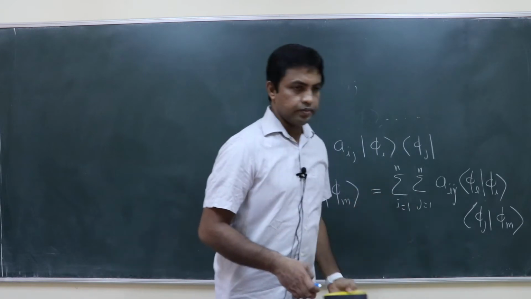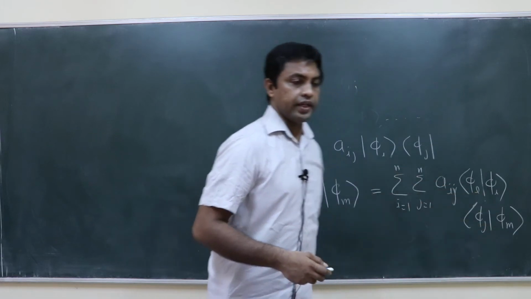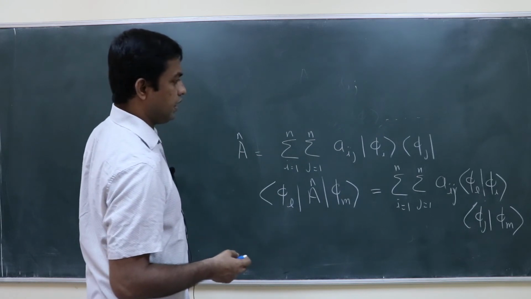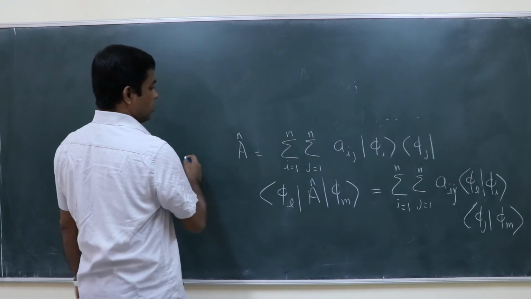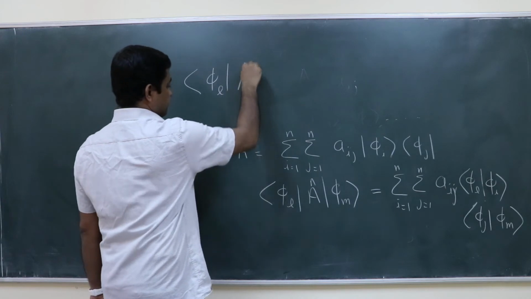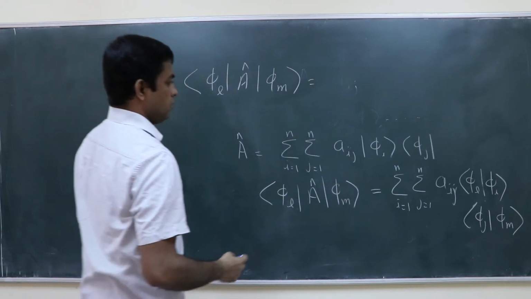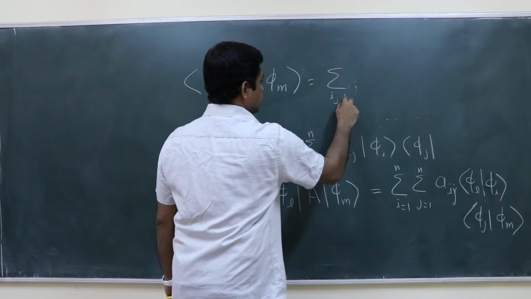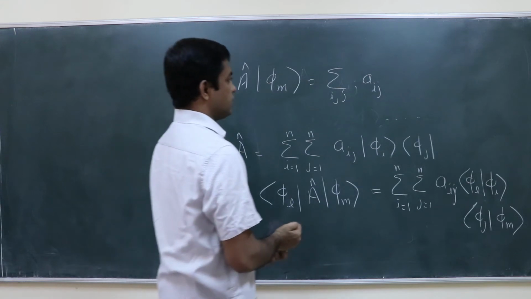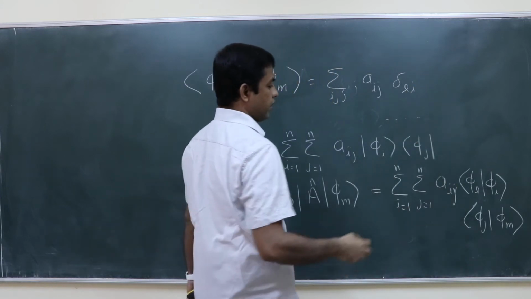So what is this inner product bra phi L, ket phi i? What is that equal to? It is delta Li, okay? So bra phi L A phi M is equal to the sum over i and j of Aij, then bra phi L phi i is delta Li, and bra phi j phi M is delta jM.